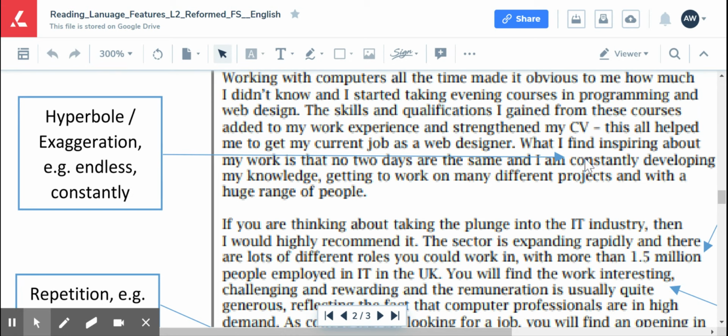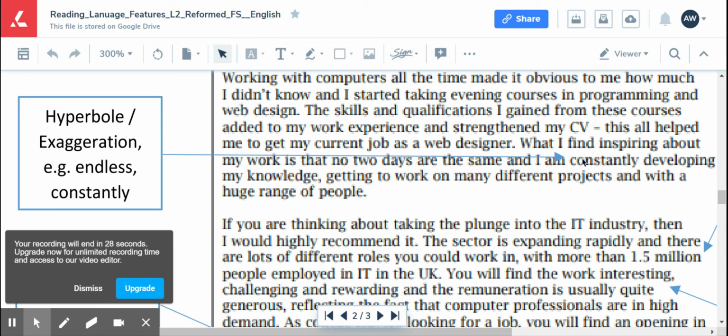The word constantly, that could be an example of hyperbole because it is exaggerated. Probably in the real world, we're not constantly developing things every day, are we? But obviously, you want to really sell yourself here, don't you? So that's what makes exaggerated language appropriate.